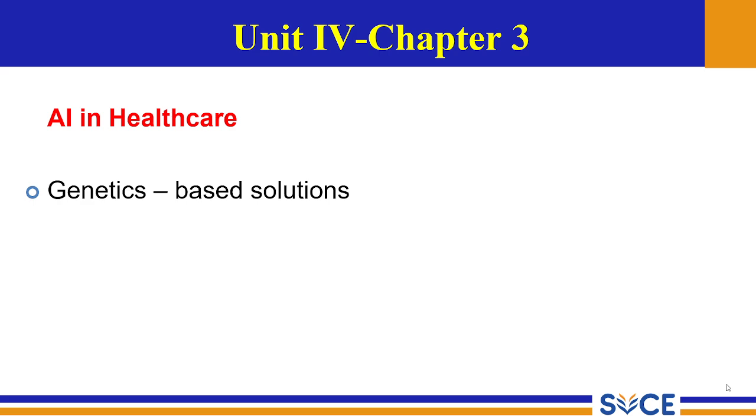So, whether you are passionate about tech, curious about biology, or just want to make a difference, this unit is going to show you how AI can truly be a force for social good. Let's get started.